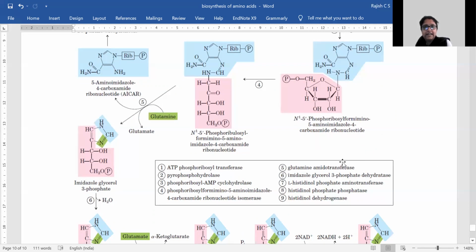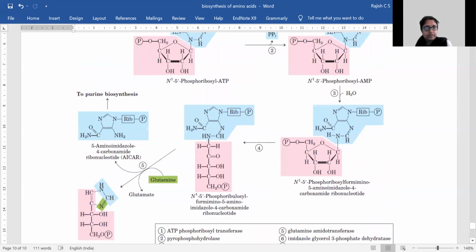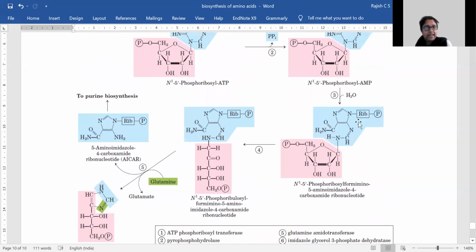We have the phosphoribosyl AMP, and that will be acted upon by the phosphoribosyl AMP hydrolase with an addition of water, and that will lead to the formation of phosphoribosyl 4-amino 5-amino carboxamide ribonucleotide.